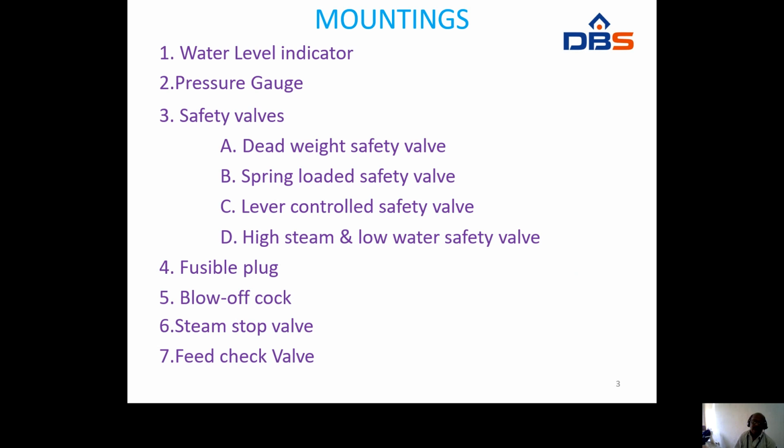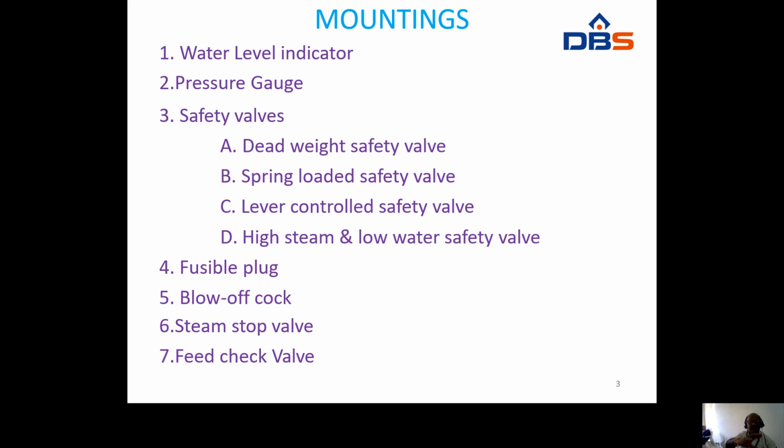Now first we will discuss mountings. There are different types of mountings we are using, so one by one we'll discuss. The mountings are meant for the safety of the boiler. Here: water level indicator, pressure gauge, safety valve.